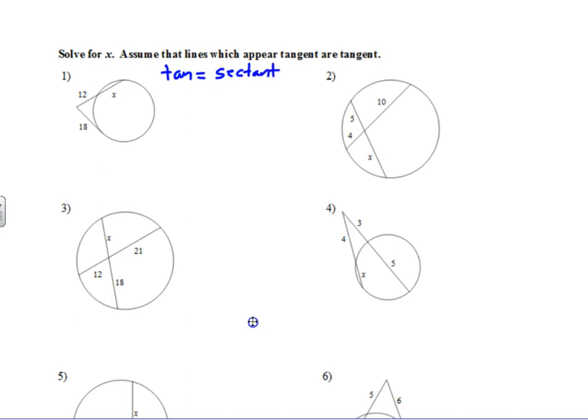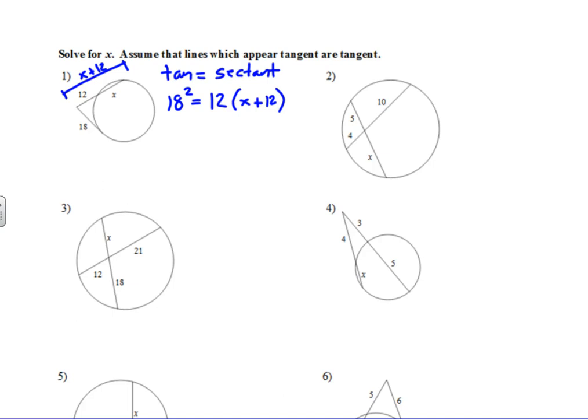So it's the tangent squared, 18 squared, equals the outside length, 12, times the whole length of the secant, which would be x plus 12. Okay, so it's the outside length times the whole length, and when you have a tangent, it's the tangent squared.